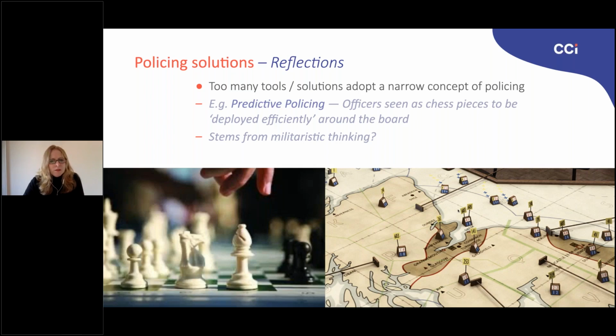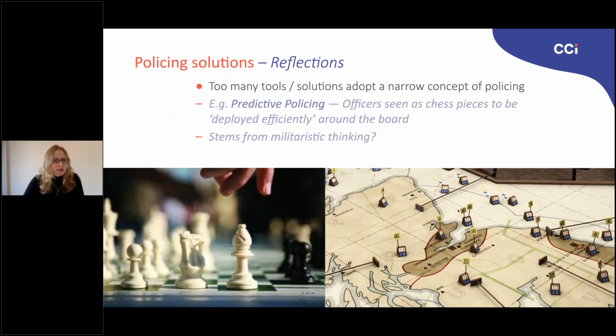We were struck by the fact that there are many different aspects to the policing role, from community policing, crime prevention, to responding to incidents, to crime reduction. And in failing to understand that, what we felt was happening, for instance, in relation to predictive policing, is it was as though officers are being treated as chess pieces on a chessboard, and that they can be deployed efficiently, so moved around by somebody else.